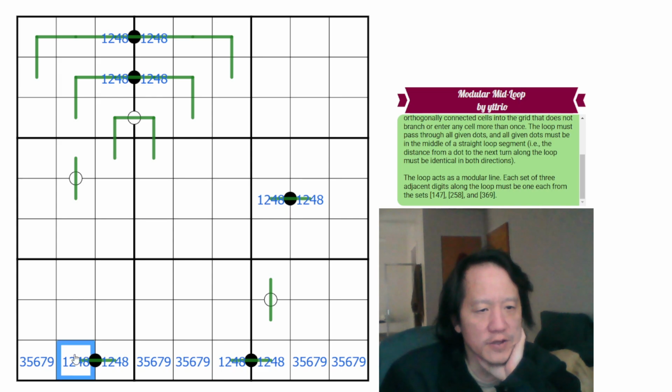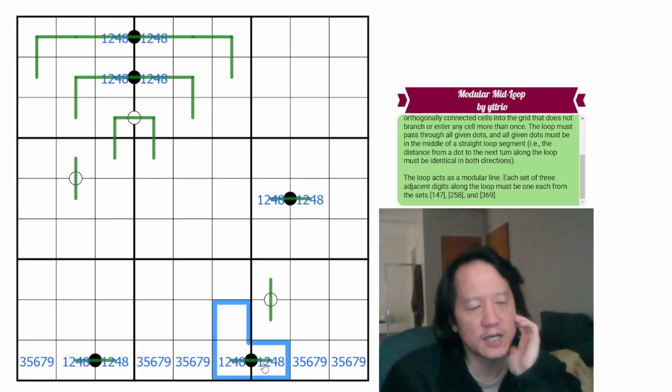So one of these is 1 and 2, and one of these is 4 and 8. One thing you cannot have is these cannot be part of the same segment, though.